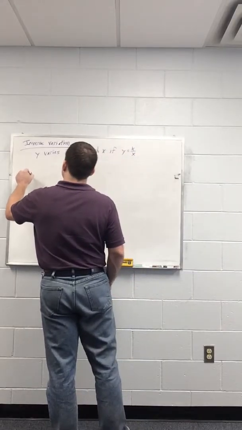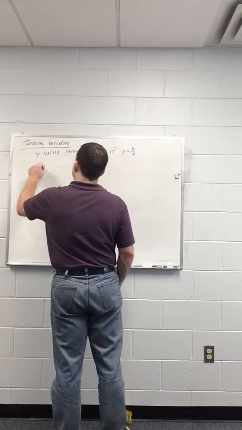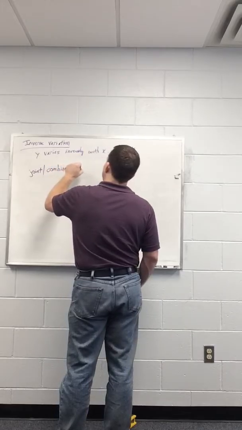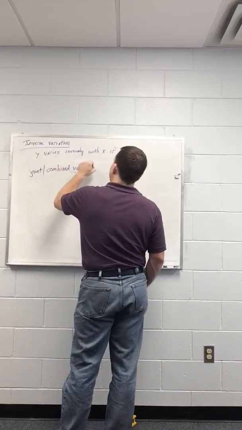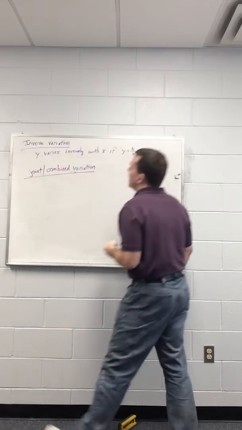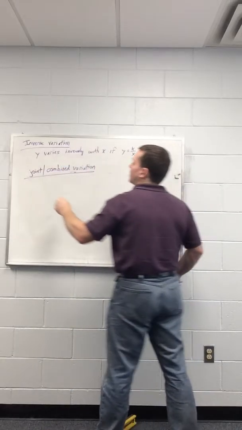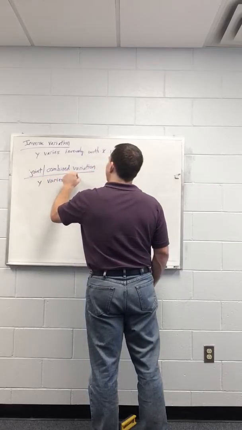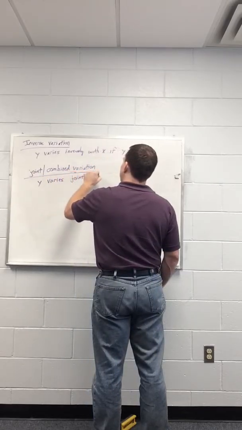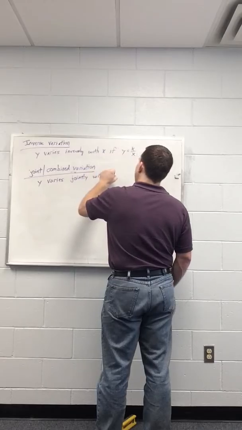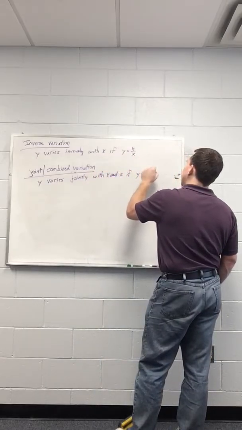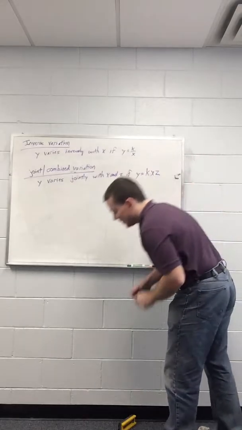The third form is joint or combined variation. And the way it works, y varies jointly with x and z if y equals k times xz.